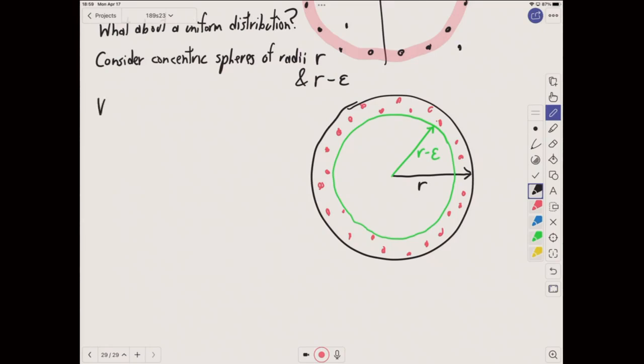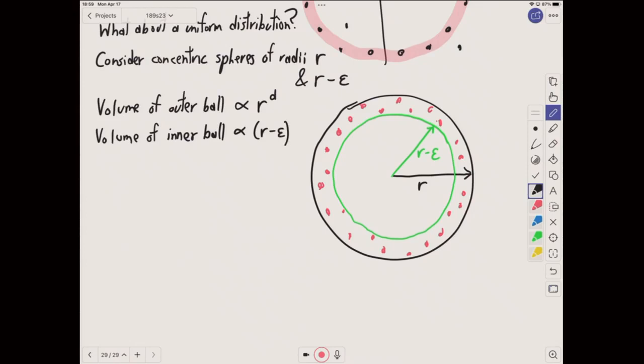Well, let's look at the volumes of these two balls. The volume of the outer ball, the black one, is proportional to r to the power of d. There's also some constant in front of that that depends on the dimension, but that constant will not be important because what we really want to do is just compare the volume of the black ball with the volume of the green ball, the inner ball, whose radius is r minus epsilon, and its volume is going to be proportional to (r minus epsilon) to the power of d.